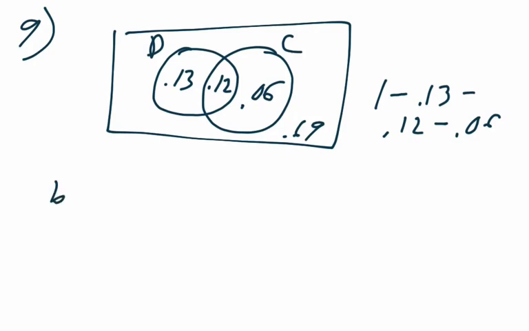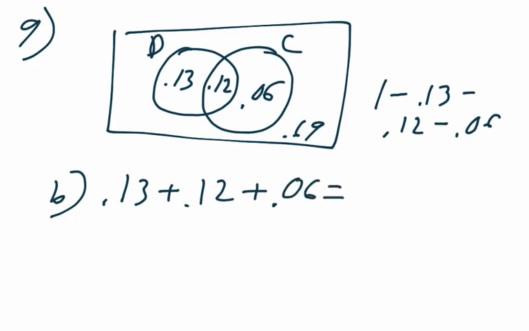So B, find the probability that a family owns a dog or a cat. Since I have the Venn diagram, I'll use that. I'm going to add 0.13 plus 0.12 plus 0.06, which turns out to be 0.31. C is asking for someone who owns a dog or doesn't own a cat. So these people own a dog, these people own a dog, and these people don't own a cat.